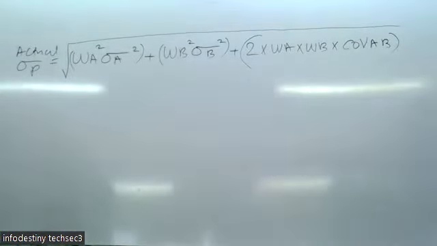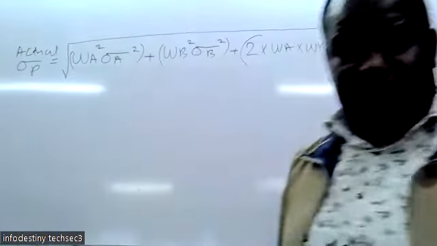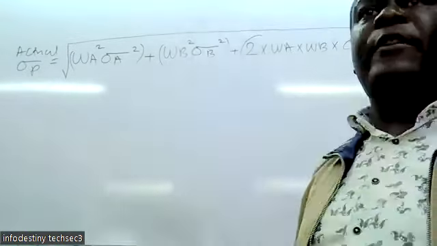So when you want to calculate the actual standard deviation of the portfolio or the actual risk of the portfolio, you simply take the weight of A squared times the variance of A, the weight of B squared times the variance of B, then also add 2 multiplied by the weight of A, the weight of B, and the covariance between A and B. So that is your Roman letter 5 of the question, where they have asked you to compute the risk of the portfolio.